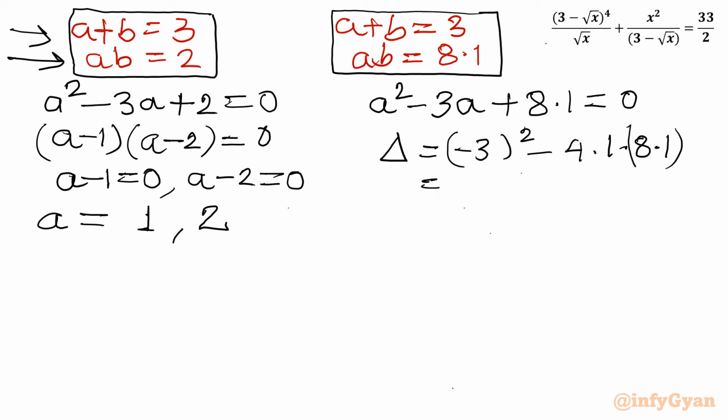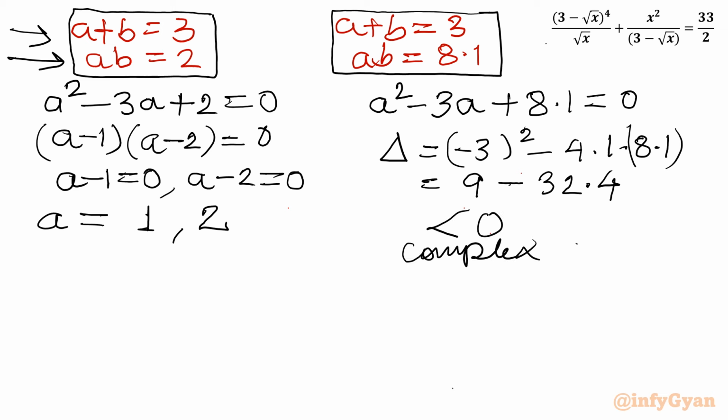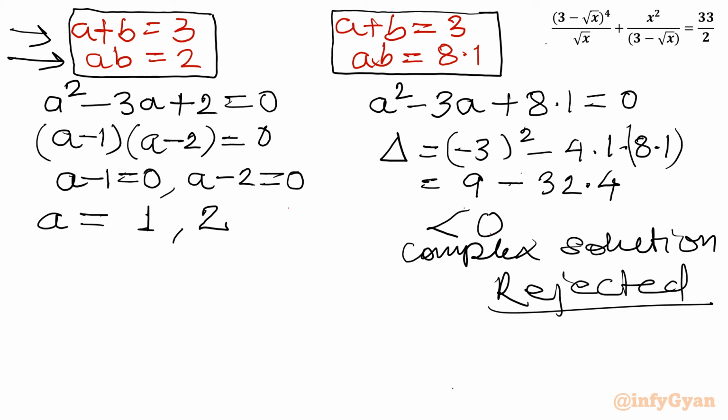So if you see, this is 9 and this is 32.4, so this value will be negative. Conclusion is complex solutions will be there, and we are looking for real solutions. So we will reject this solution. Now this solution is the accepted solution.